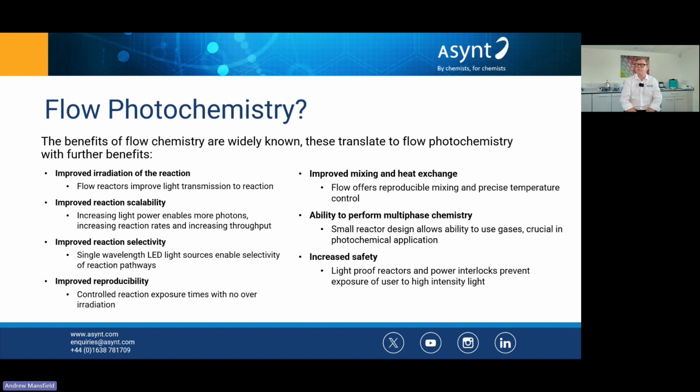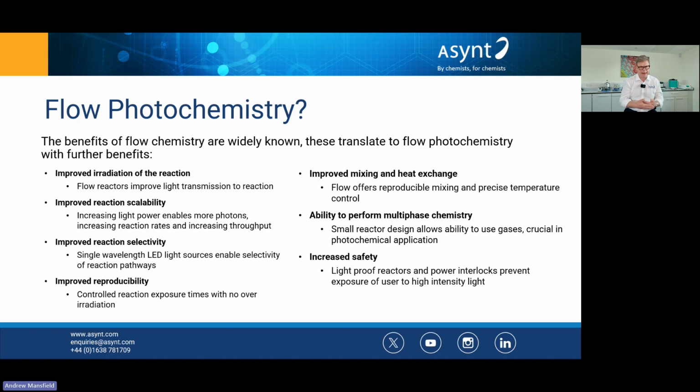So I've highlighted some of the advantages of continuous photochemistry using flow reactors. Flow chemistry does give us some advantages over traditional batch techniques, and then adding a light source into that equation gives us some further benefits as well. So we've spoken about the improved irradiation of our reactors, so we can improve that light transmission into our reaction.